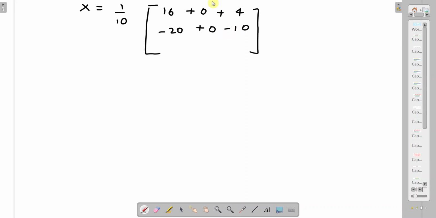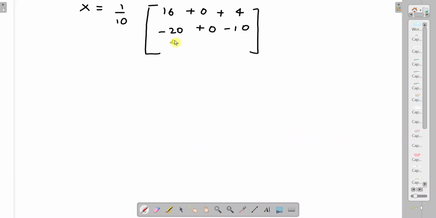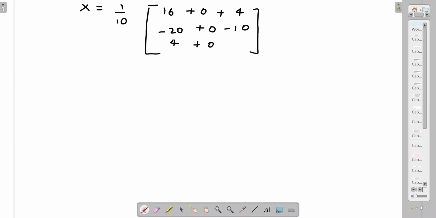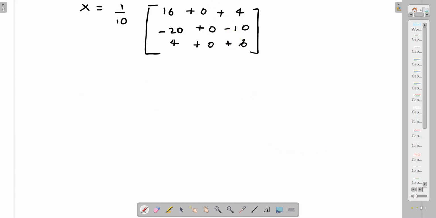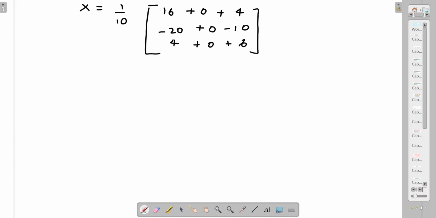Okay, and then what we have, 1 times 4 is 4, then minus 2 times 0 is 0, and 3 times 2 is 6. Okay, so what we will get here, 1 by 10 multiplied by 20, minus 30 and 10.